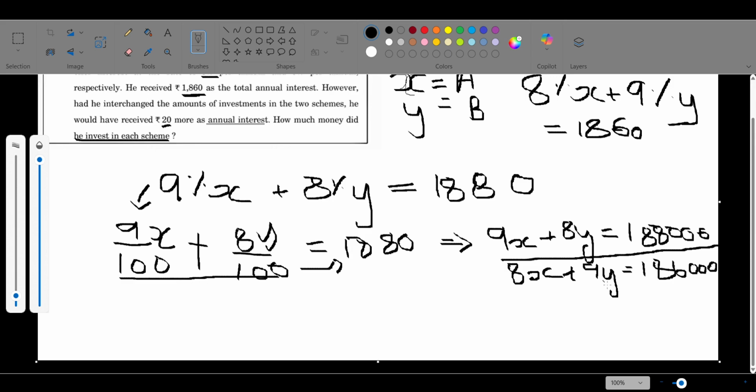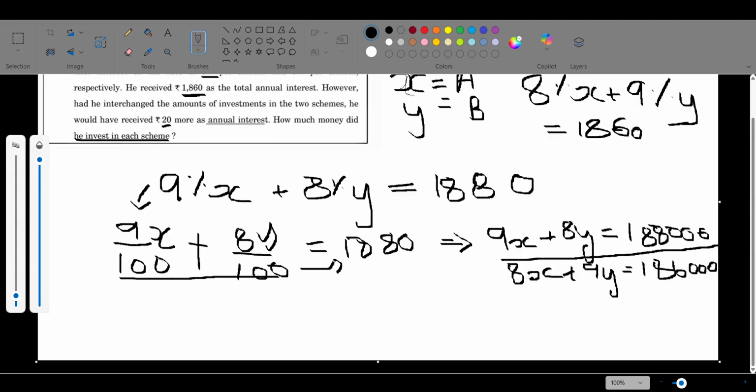These are the two equations now. Now see, right now I have no common coefficient here, so we can just check: 9x minus 8x will give x, and 8x minus 9y will give minus y. And if we subtract, we get 2000.